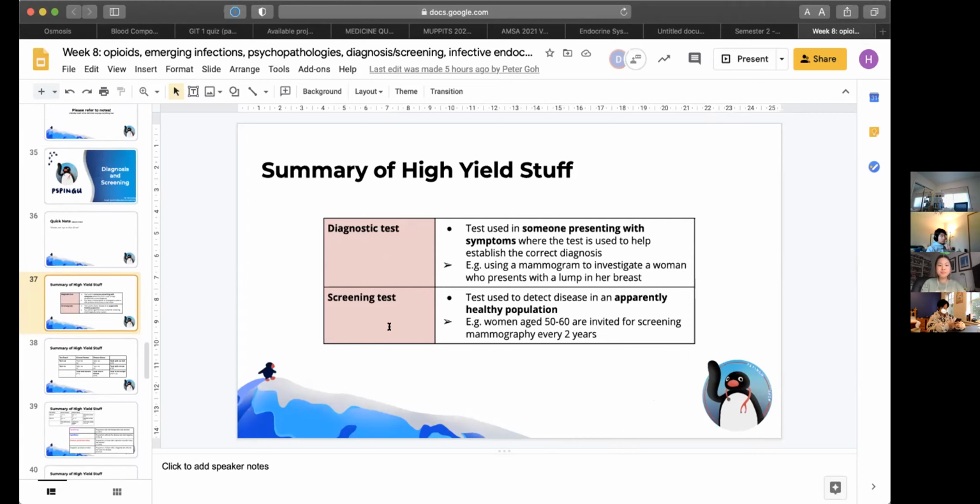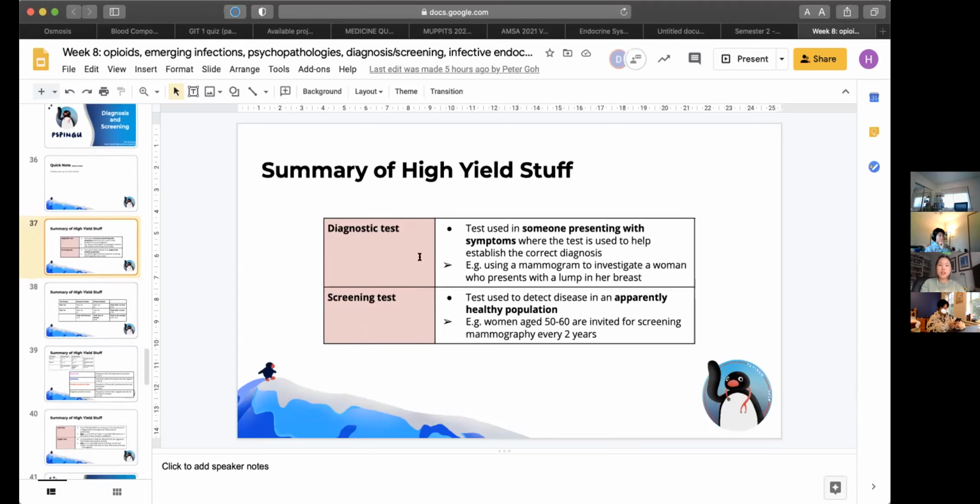A screening test, however, is a test used to detect a disease in an apparently healthy population. So women aged 50 to 60 are invited for screening mammography every 2 years. That's screening, whereas with diagnostic you're trying to reach a diagnosis. So it's kind of in the name, easy to remember.